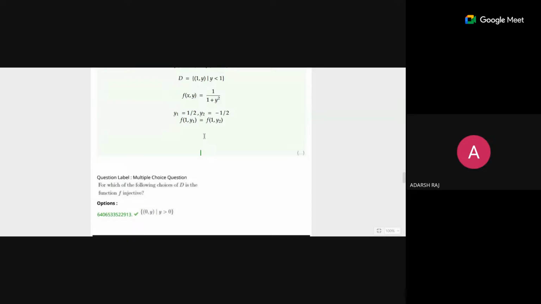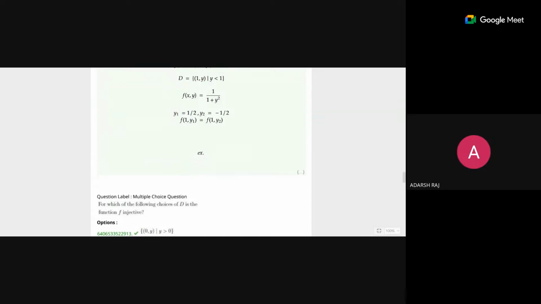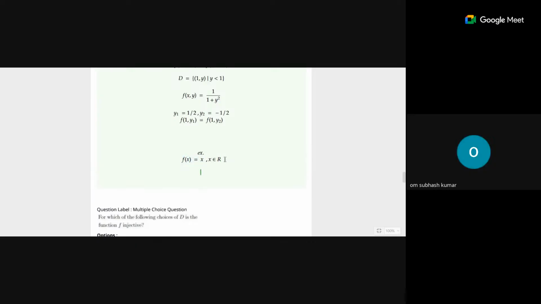So I take an example, where x belongs to real numbers. How to check whether this function is one-one or not? This function is one-one. For every value, we will get one unique value.